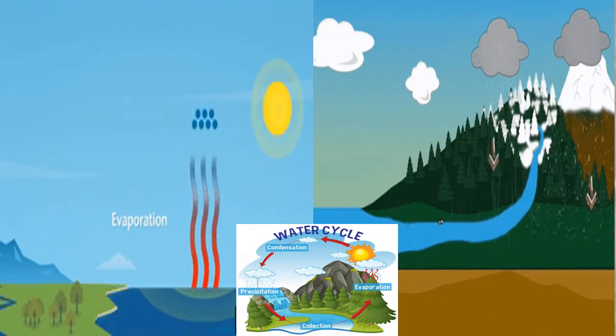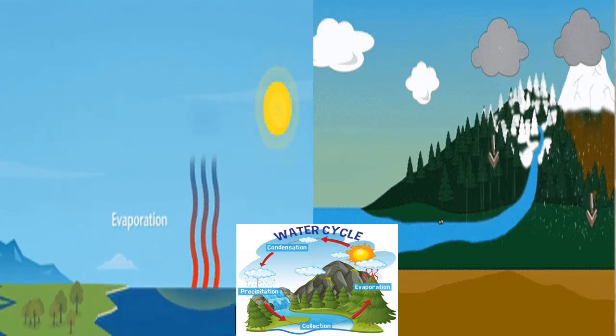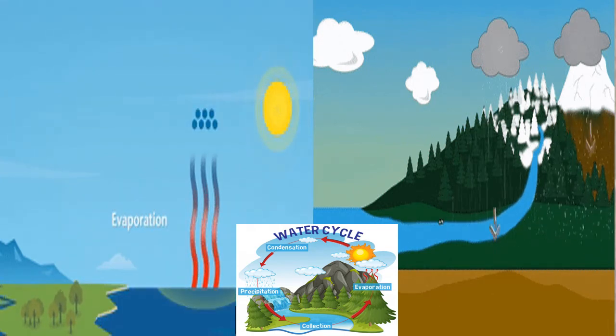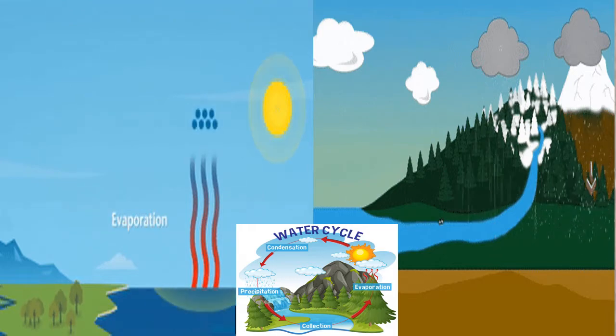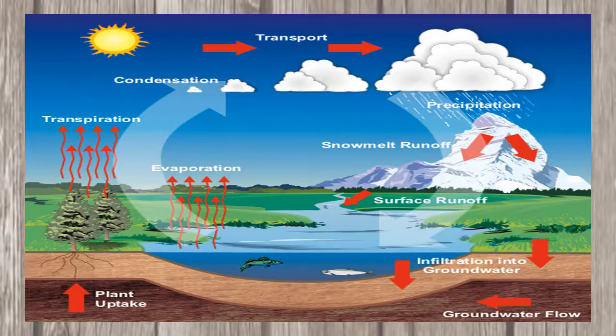When big drops become so heavy that the clouds cannot hold them, they fall back on the earth in the form of rain. This is called the water cycle. This way the water cycle continues in nature. In a simple way, you can say the cycle of water forming water vapor, clouds and then falling back on the earth as rain is called the water cycle.